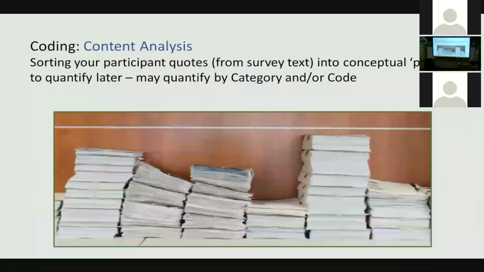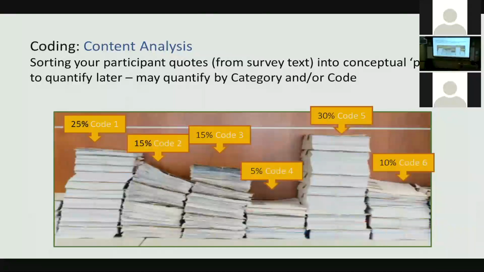So we have our same pile, right? We can do the same type of idea where we develop things and put them in codes, but all of a sudden I'm adding some sort of numeric value to them, right? I'll say that the first code is brought up by 25% of the participants.